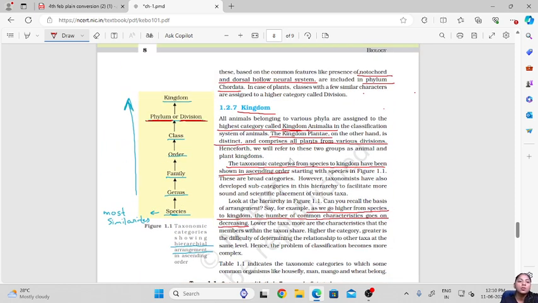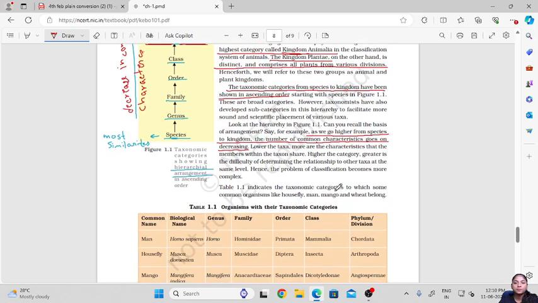Okay, so there is a decrease in common characters as we go higher up on this hierarchy of classification.